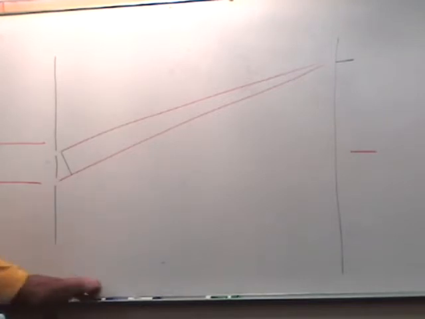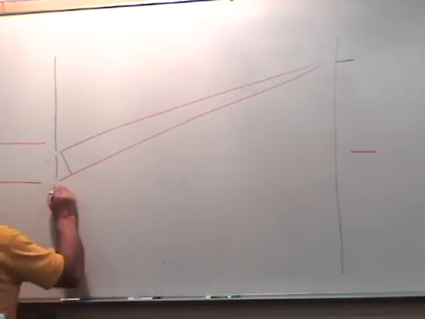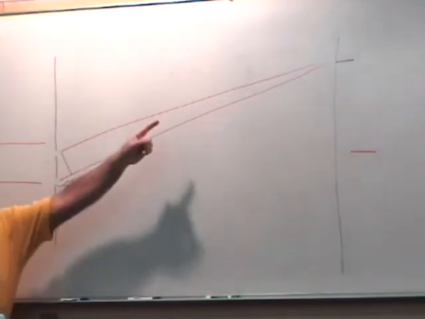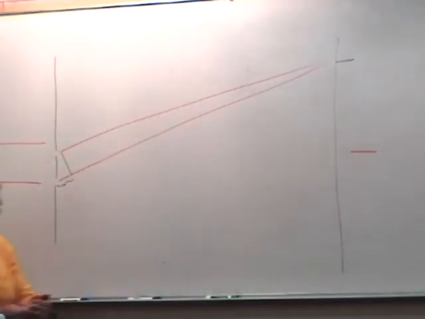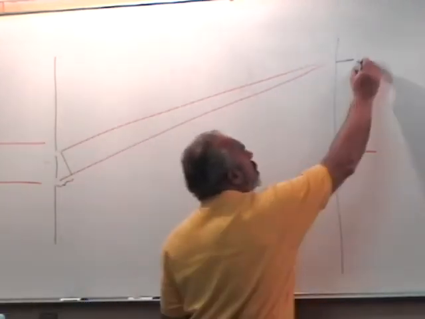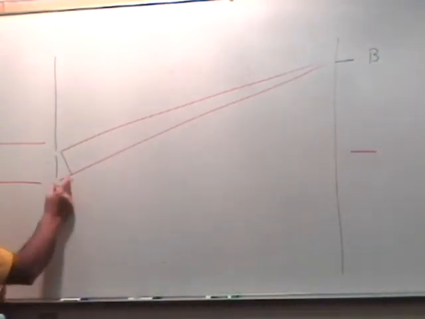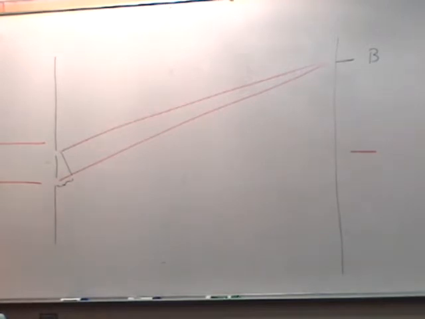Then this little part of the image right here is the path length difference. The path length difference between these two paths to get to that bright spot, just call it bright spot B perhaps. To get to point B, this one simply travels that much further than that one. That's the path length difference. So all we really have to do is to describe that.